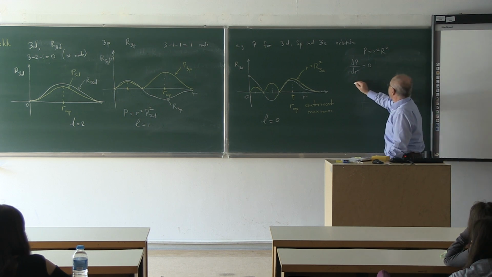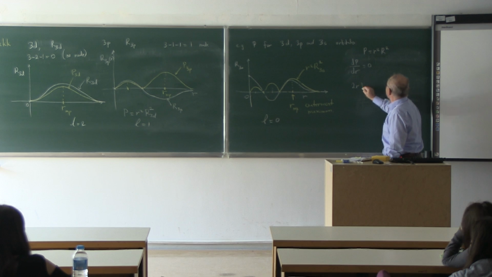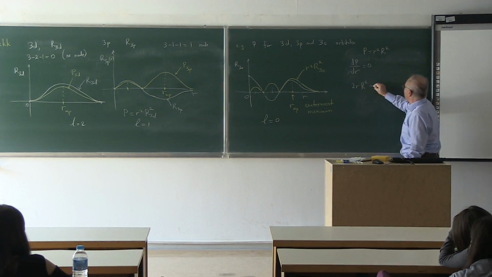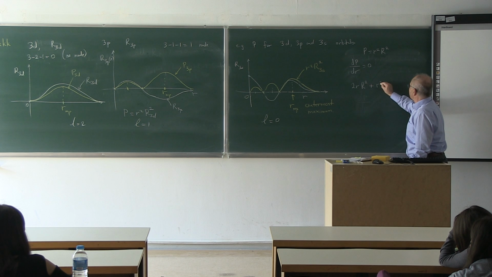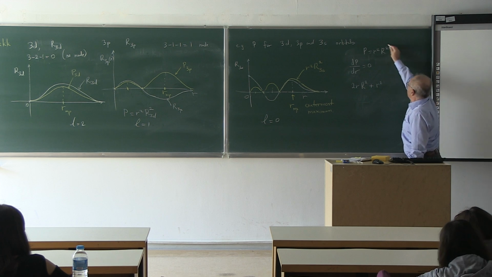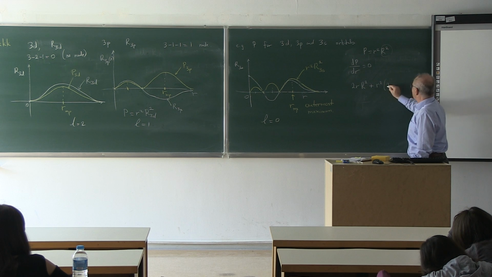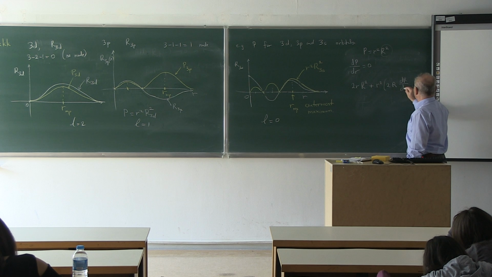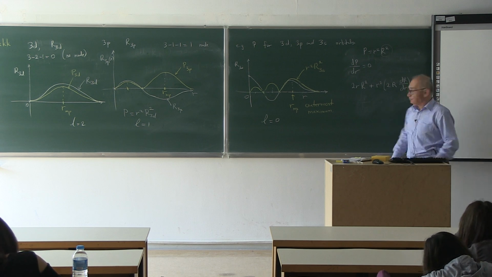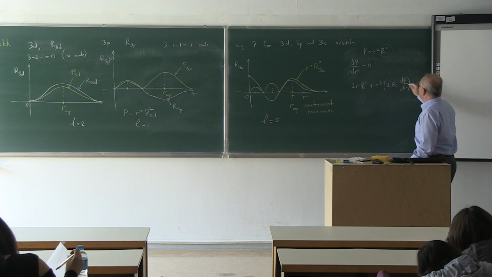So let us do that. Derivative of the first factor times r squared plus r squared times derivative of this. But that is 2 times R times derivative with respect to r, isn't it? This is equal to 0.